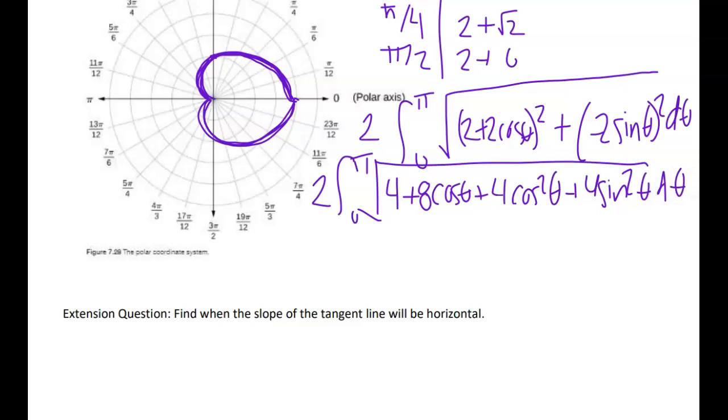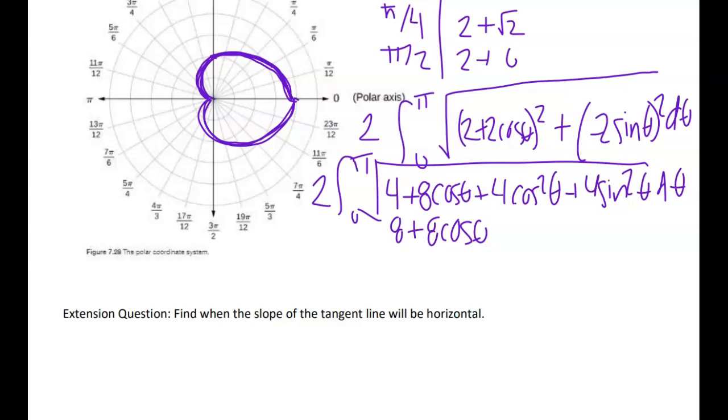I factor out a 4, and then sine squared and cosine squared is 1, so I end up getting 8 plus 8 cosine theta inside my square root. I could factor out an 8. I could factor out a 4 if I wanted to.